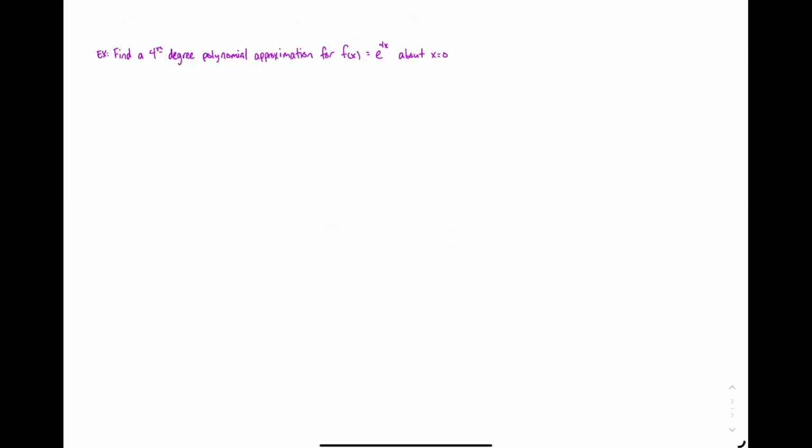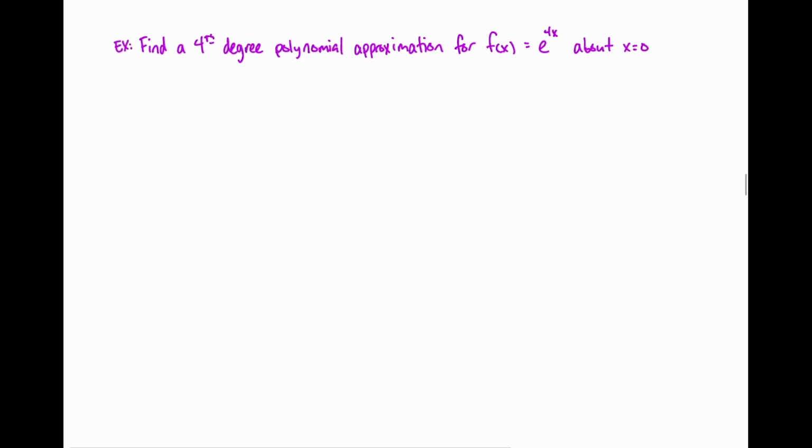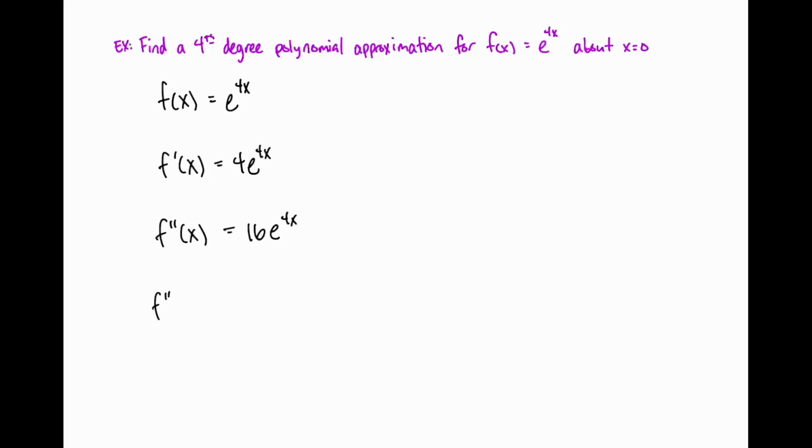This one here is a little bit more straightforward, a 4th degree, so you don't have to take so many derivatives. But try it. You would just start here by saying f of x equals e to the 4x. F primed would be 4e to the 4x with a little chain rule. The second derivative would be 16e to the 4x. The third derivative would be 64e to the 4x.